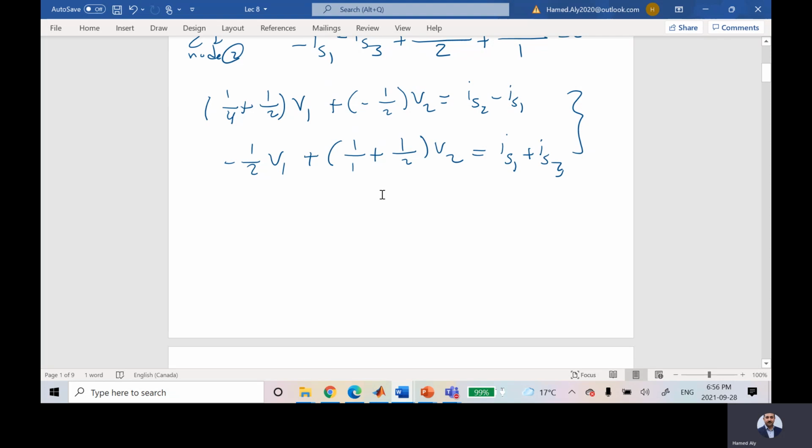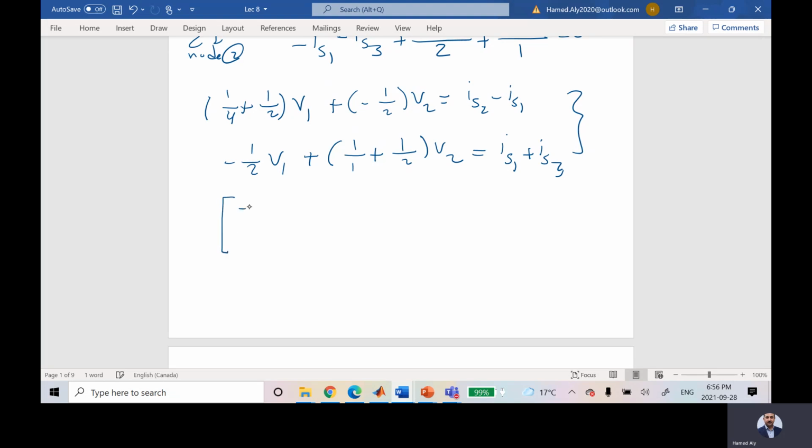Now, I could write these two equations in another format, in a matrix format. We studied that in applied linear algebra. So instead of writing them like that, I can say I have a matrix here.